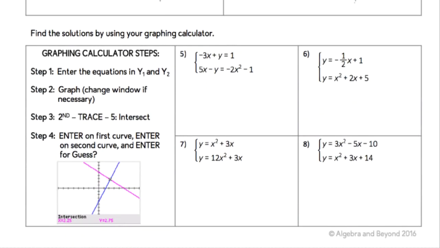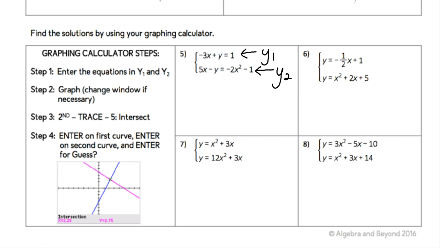All right, lastly today, we have the graphing calculator steps here. These are for the TI-84. If you have a TI-84, you can follow the steps on the left-hand side, entering the equations in y1 and y2. The first equation, you enter in y1. The second equation, you enter in y2. And when you enter those, they do need to be in y equals form.